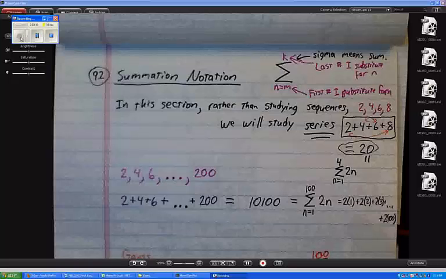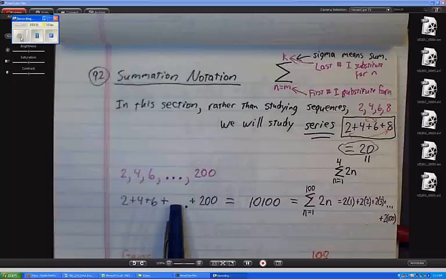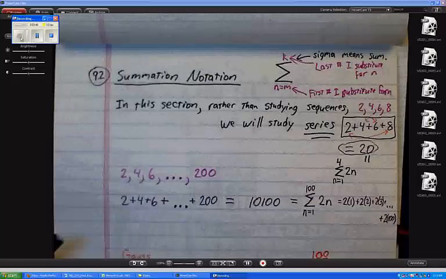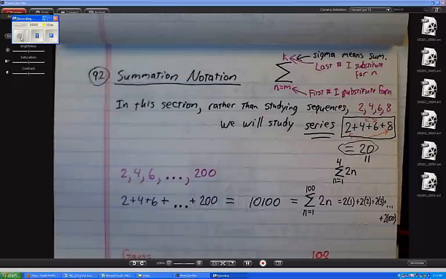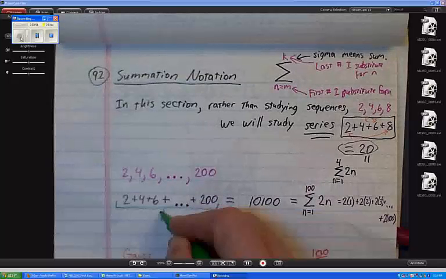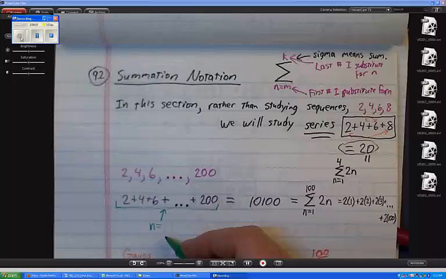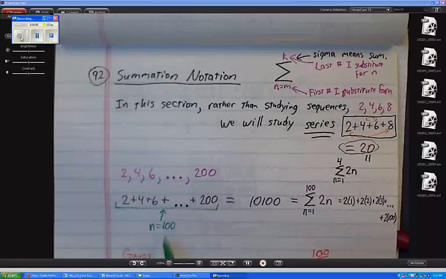Would that work here? Let's see. Here's an example we did. We added up the numbers from 2 to 200. What is n in this example? N is the number of terms. How many terms are there? Aren't there 100? If you're counting by twos and you go from 2 to 200, aren't there 100 terms?